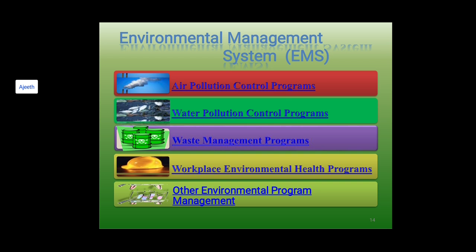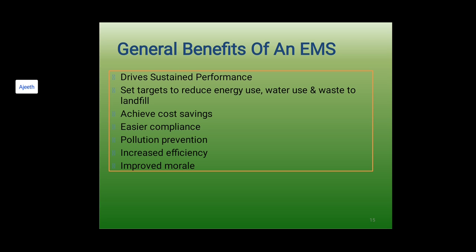An environmental system mainly comes in air pollution control programs, water pollution control programs, waste management programs, workplace environmental health programs, and other environmental program management. So what are the general benefits of an EMS?